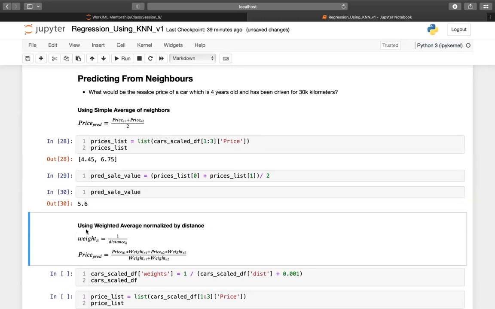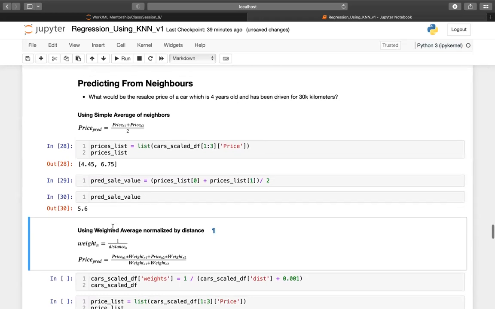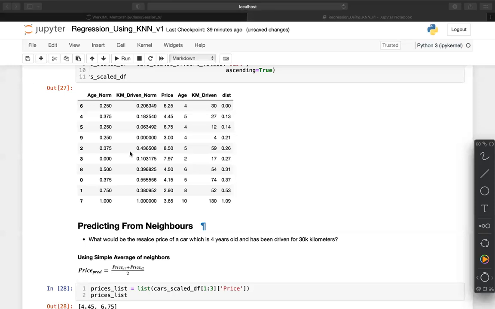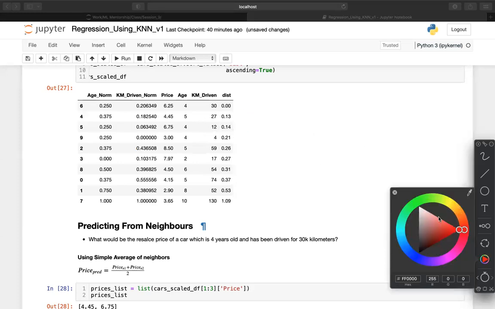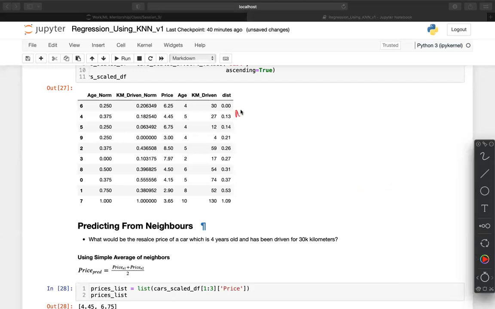The other approach is, you can also predict the price based on the weighted average calculation. Why is that? If you look at the neighbors N1 and N2 in this case, N1 and N2 both are not equidistant from this particular car, right? One has a distance of 0.13 and the other has a distance of 0.14.